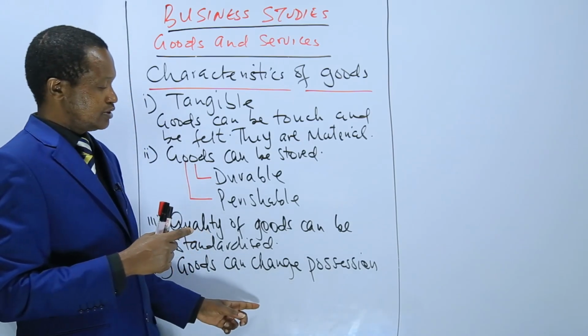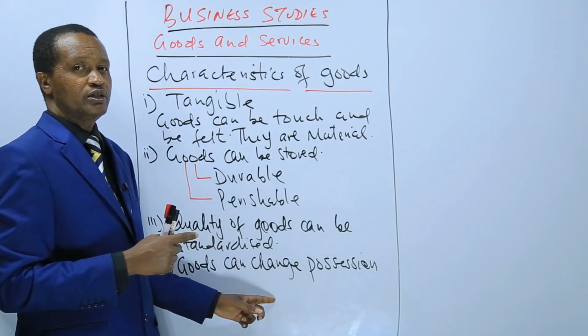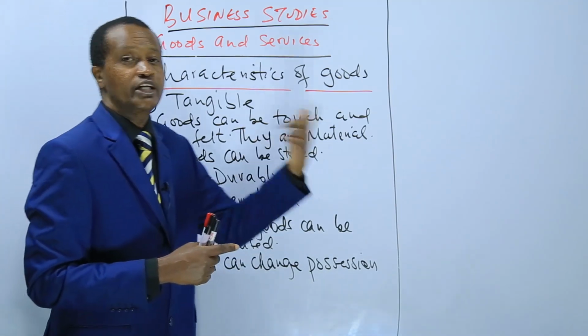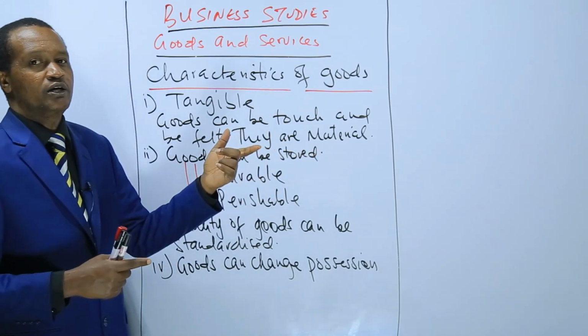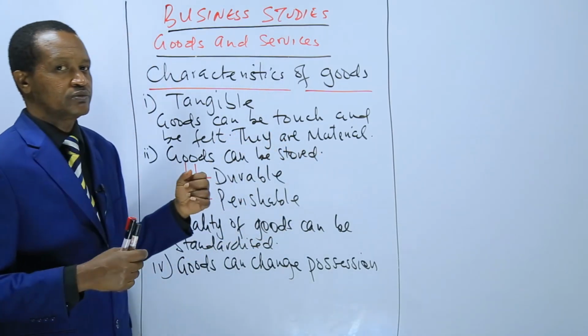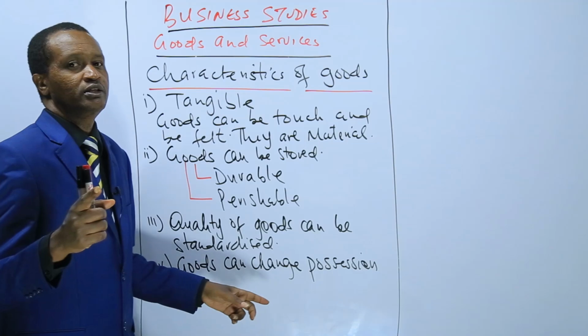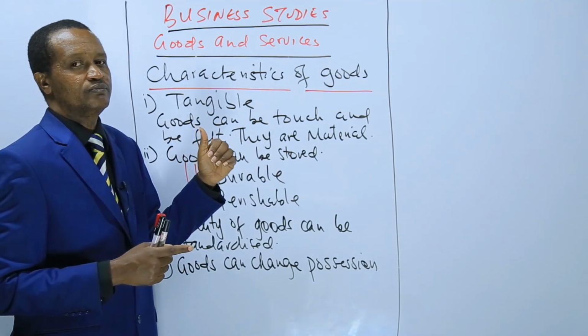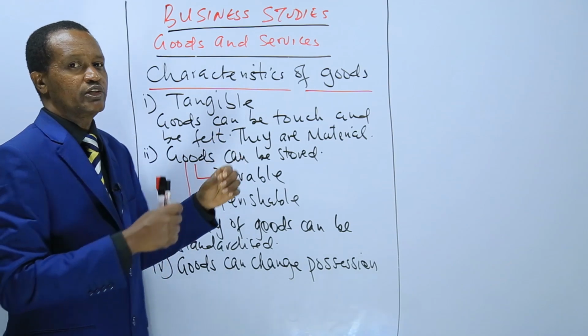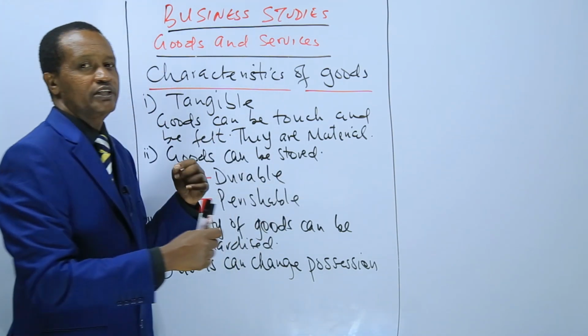But this change can also happen through donation. Possession can also change through donation. But it's important to note that durable goods such as land will keep on changing ownership indefinitely.